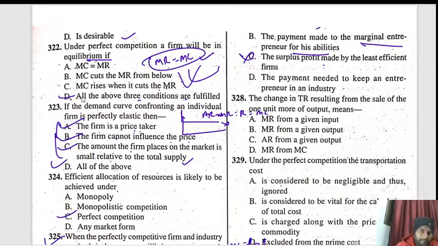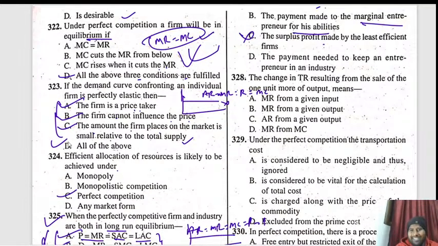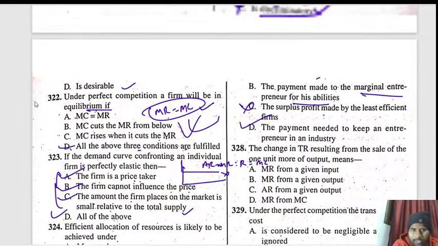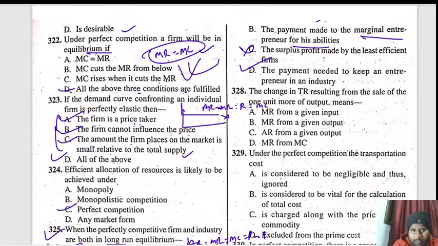Let me check. Question number 3 to 7. It is D. Payment needed to keep an entrepreneur in an industry. Yeah, of course, because I think I already told you that all these statements seem to have the same meaning, because this also says payment made to the marginal entrepreneur for his ability.